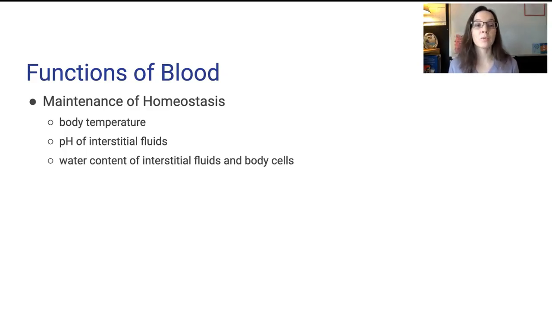We can maintain homeostasis by regulating the pH of the blood and also the pH of your interstitial fluids, because your cells do not like acids. And we can also help maintain the water content of the interstitial fluids and our body cells. We can do that by maintaining water balance, and we can also regulate the ion concentration, like sodium and chloride and those kinds of things, in the body cells.